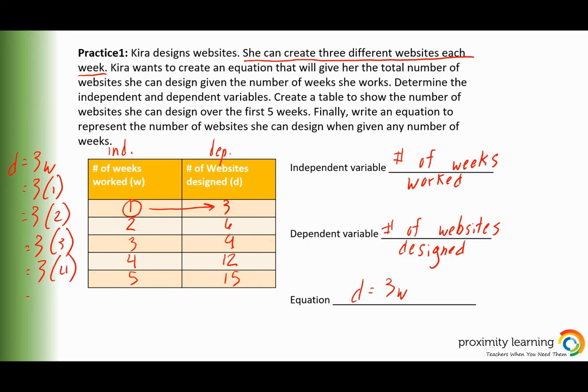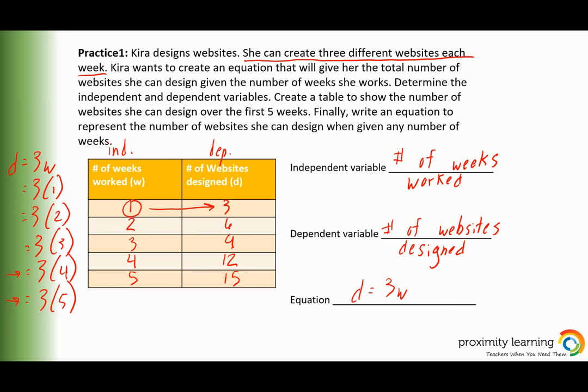So instead of 3W, I did 3 times 1 for 1 week worked, 3 times 2 for 2 weeks worked, 3 times 3 for 3 weeks worked, 3 times 4 for 4 weeks worked, and then 3 times 5 for 5 weeks worked.